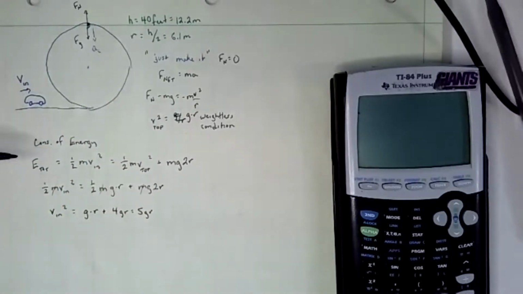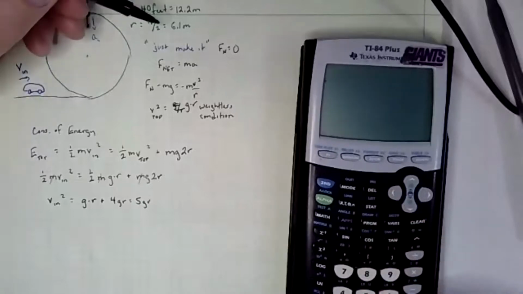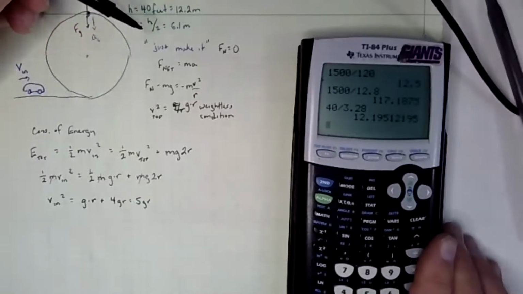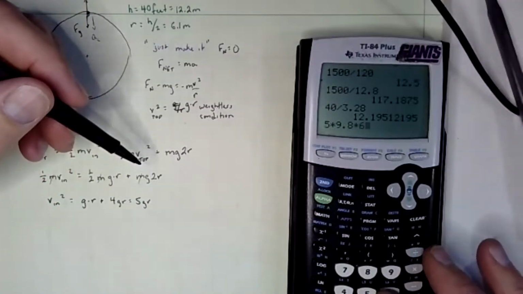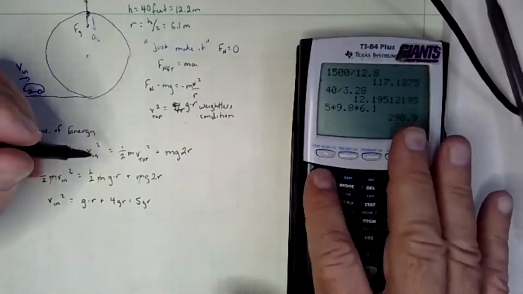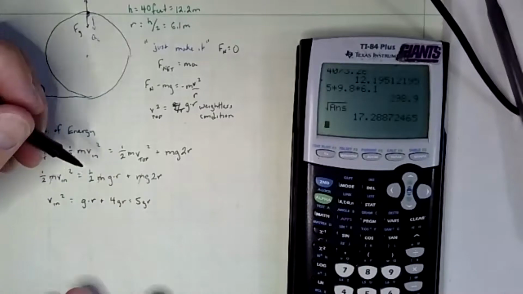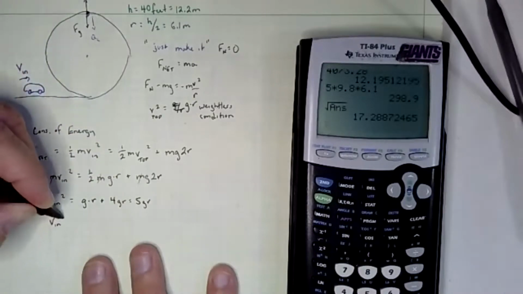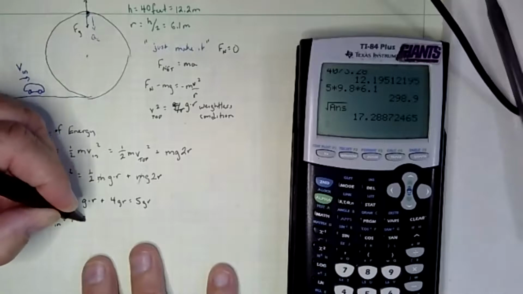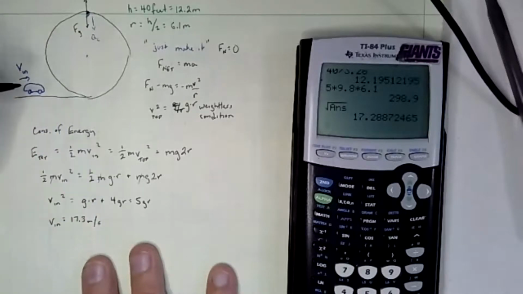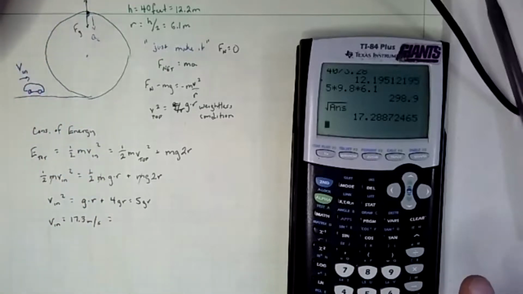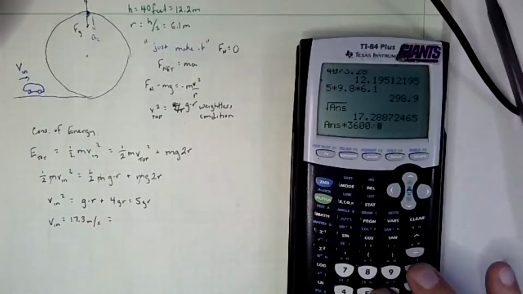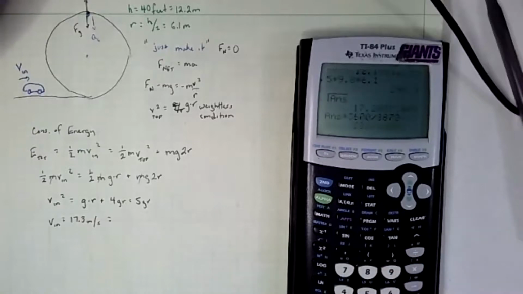Now, if we plug in the numbers for this, we want to see what that's equal to, where r is equal to 6.1 meters, then I can go ahead and just calculate that. So 5 times 9.8 times 6.1, and then take the square root of the answer. And so v in is equal to 17.3 meters per second, which if I wanted to do in miles per hour, I would multiply by 3,600 seconds in an hour and then divide by 1609 meters in a mile.